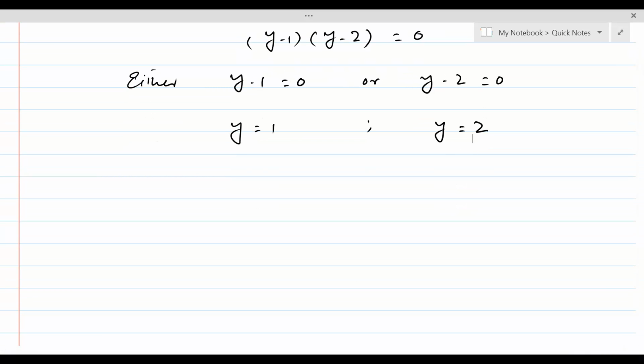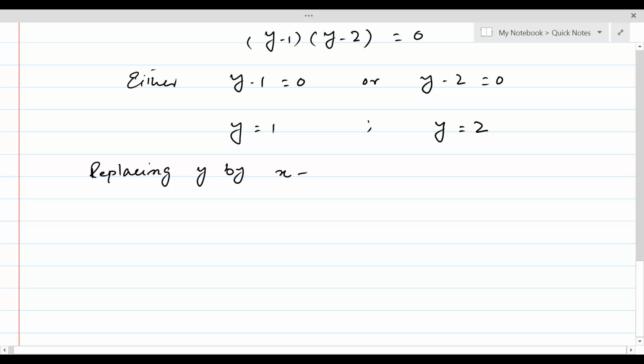So let us replace y by its originally whatever was its value. Replacing y by x plus 1 over x, and this will give us x plus 1 over x equal to 1, and here it will give x plus 1 over x equal to 2.